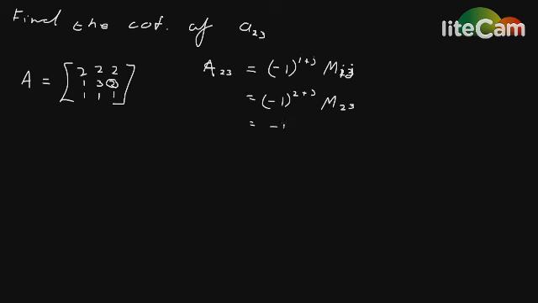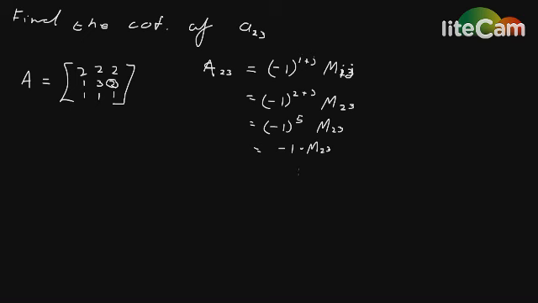Which is equal to negative 1 to the 5 times minor 2, 3, which is equal to negative 1 times the minor 2, 3. Okay? So now we've found our coefficient of the minor.